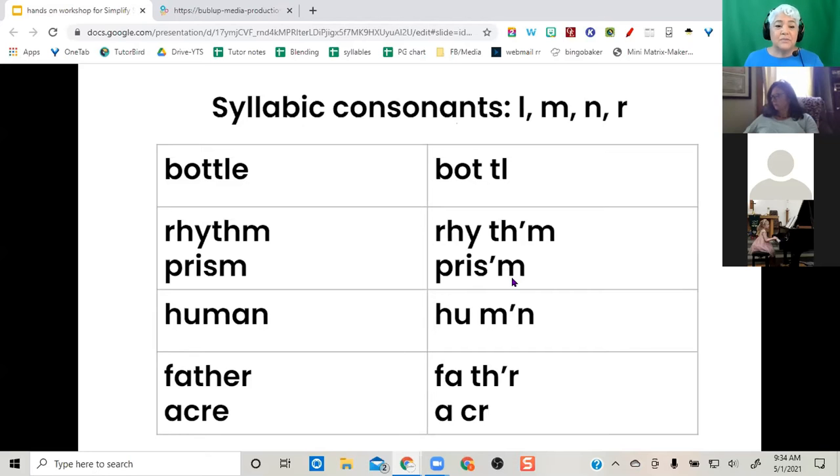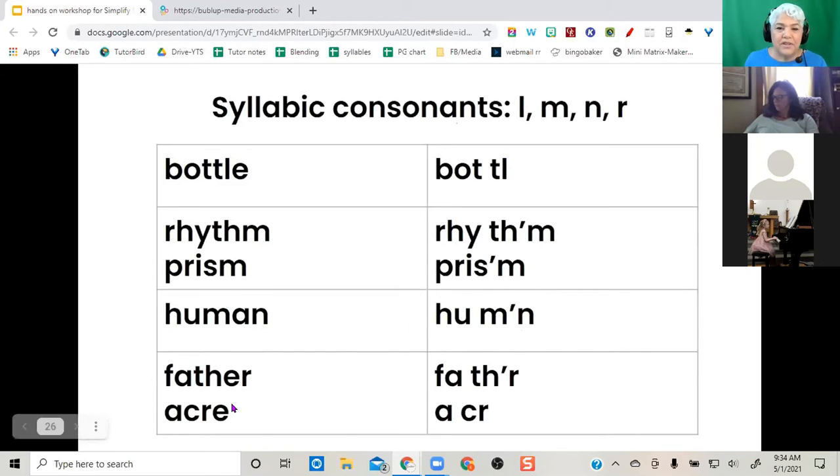We have instances and we'll look at it. Human, there is no vowel sound here between the M and the N. Human. And we go straight from the M to the N. It's there because of the etymology of the word. And we have a letter there, but there really isn't a sound here.